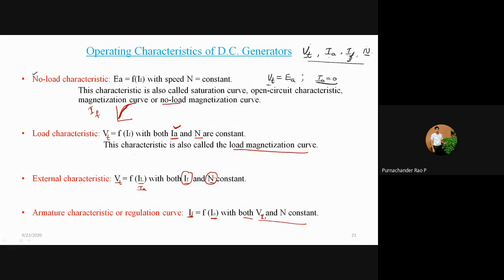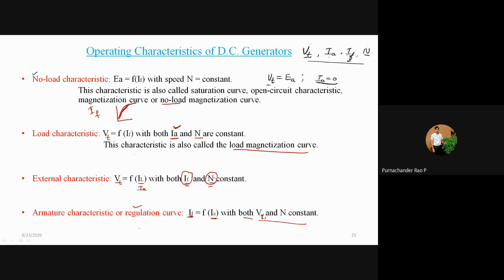And another characteristic which we have to discuss is the external characteristics. This is drawn between VT versus IL or IA. Both IF and speed are kept constant. And the armature characteristics is the last characteristic, and this is also called a regulation curve.